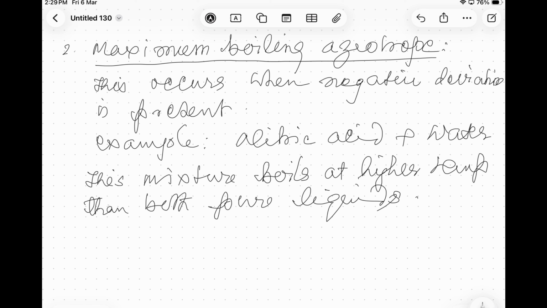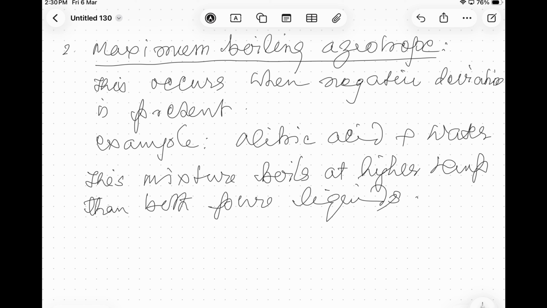Now come to the conclusion. Today we have discussed vapor pressure of the liquid, Raoult's law in both cases, two miscible liquids and the solution containing non-volatile solute.